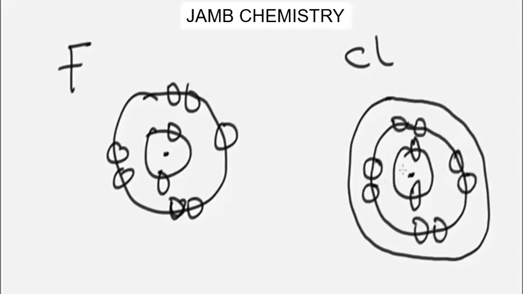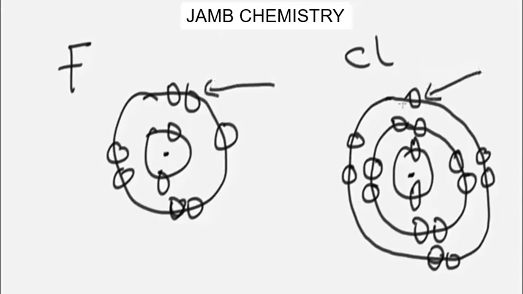The third shell: 8 plus 2 is 10, remaining 7. So the 7 will occupy this third shell. So we have 7 electrons in the outer shell.